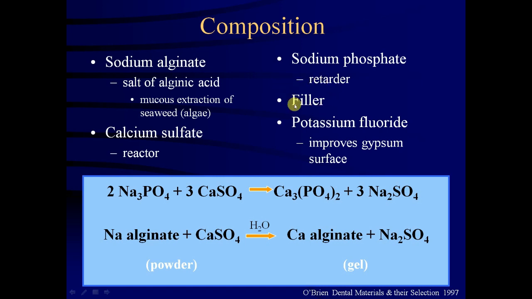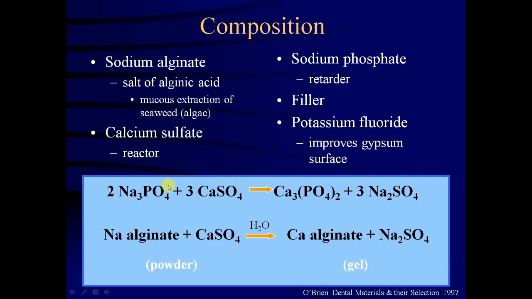It is a very important question, and it has even been asked in AIPG, that alginate fillers are derived from: your answer is diatomaceous earth. Next is potassium fluoride, which improves the gypsum surface. So basically this is the final reaction which is going to take place to convert a powder into gel, or a solution into gel.